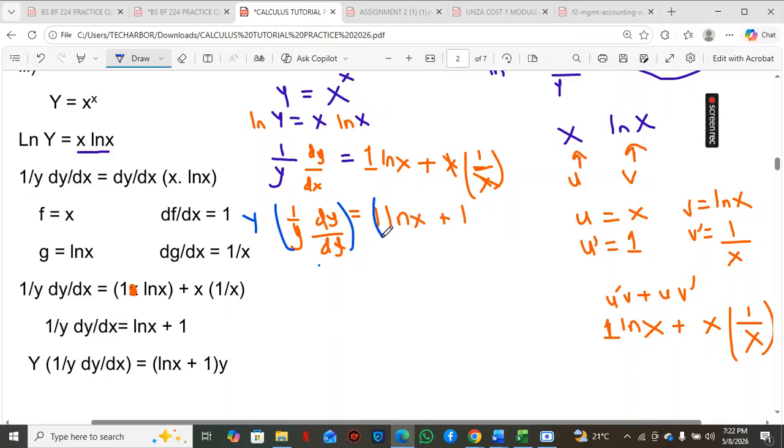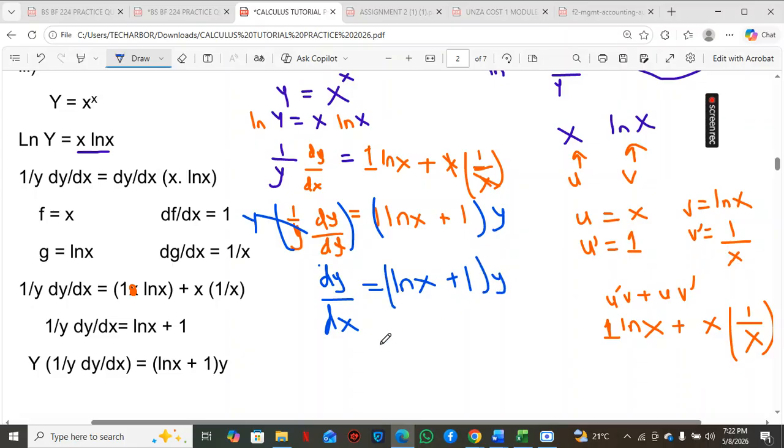What you do on the left hand side, you do on the right hand side. Y times 1 over y, they cancel each other out. So you have dy dx equals natural log of x plus 1 with y in the brackets there.